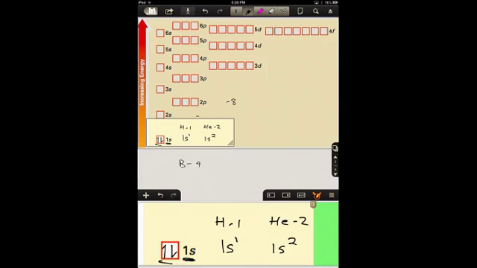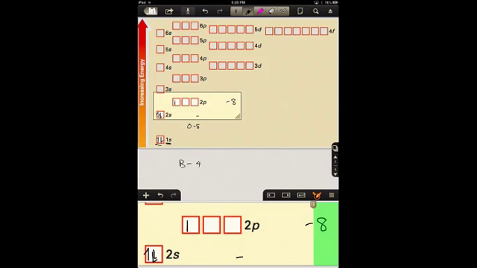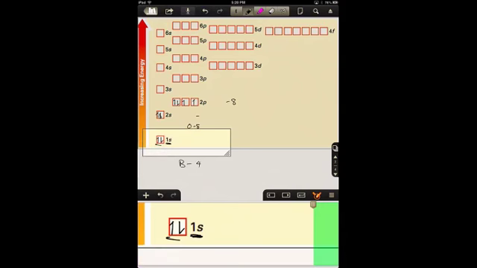Let's say we're going to do oxygen. Okay, so if we want to do oxygen, let's get rid of these guys. Oxygen has 8 electrons. So there's our 2. Here's our next 2, we said. And 5, 6, 7, 8. So if we want to write the shortcut method for oxygen, what we're going to do is, well, the first level here, that's 1s2.